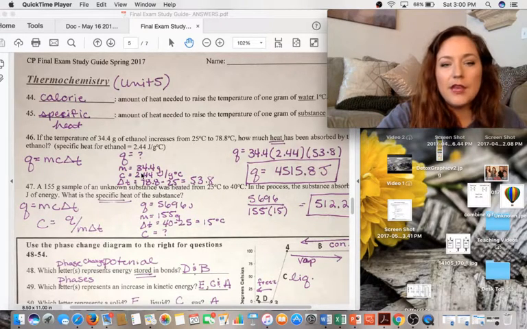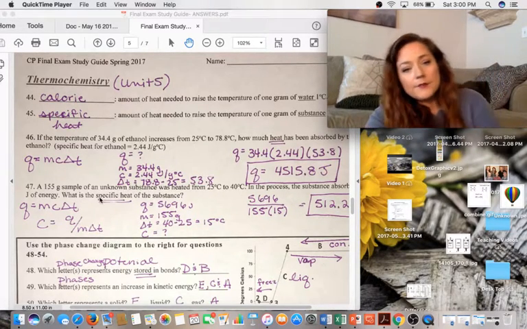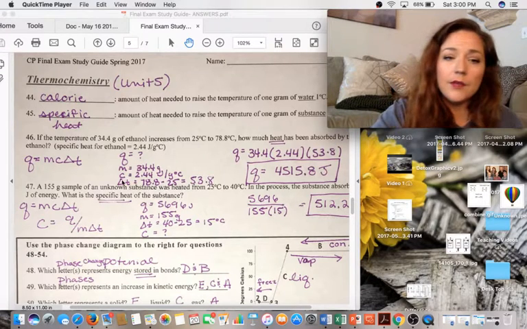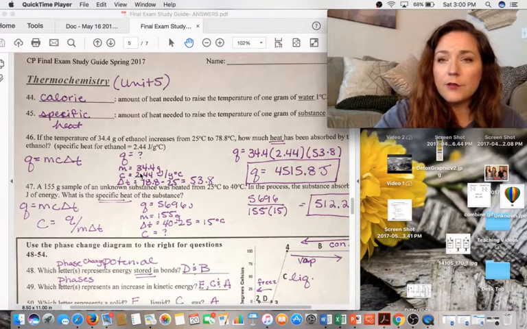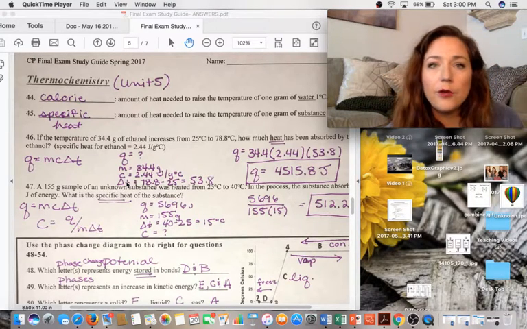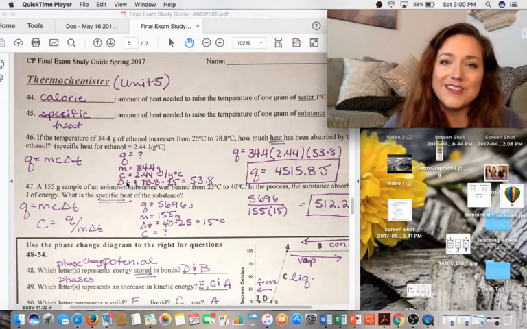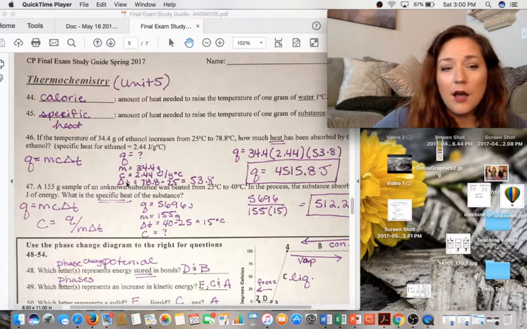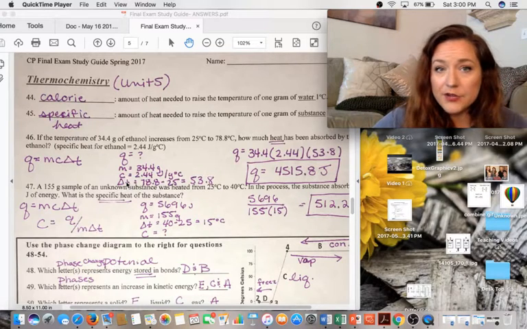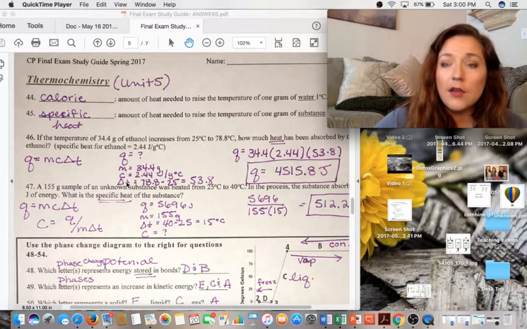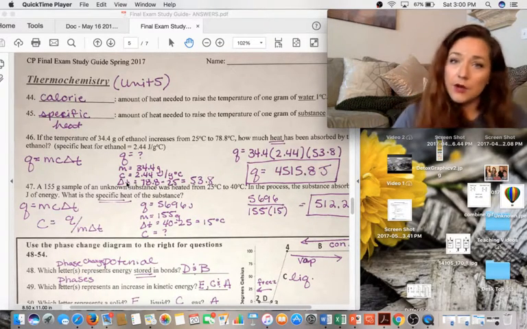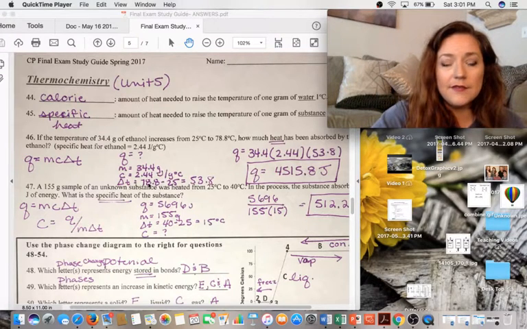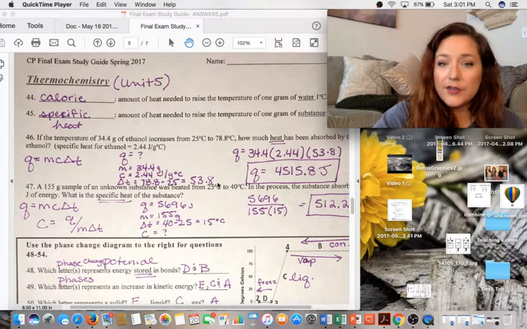So we're trying to find heat in the first problem, and that is Q. They gave us a mass of 34.4 grams, a specific heat of 2.44 joules per gram degree Celsius, then a starting temperature of 25 and an end temperature of 78.8. So final minus initial, 78.8 minus 25 gives me 53.8 degrees Celsius.